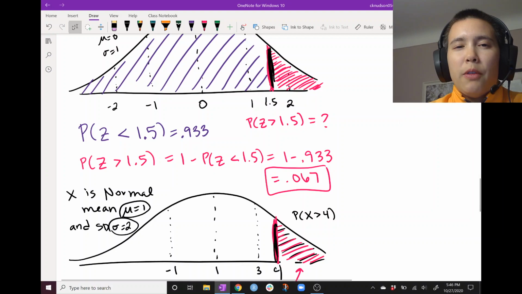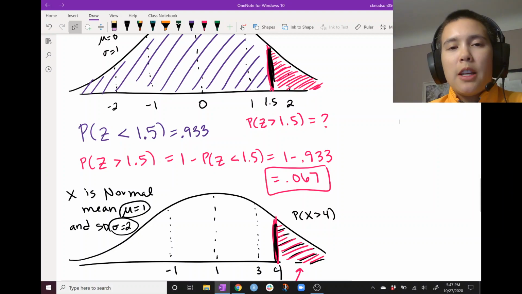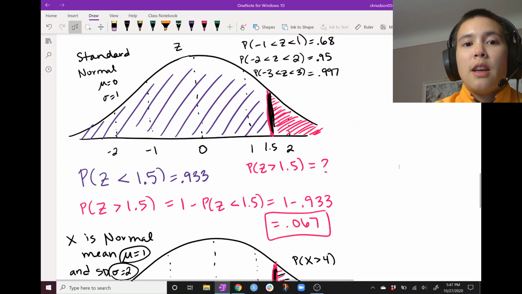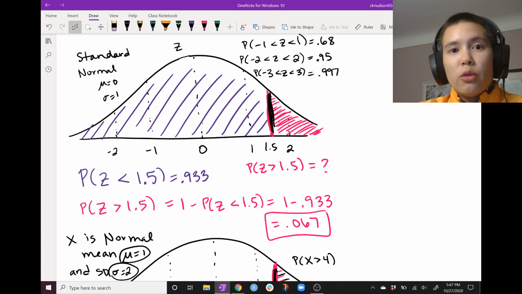So back before they had nice probability calculators for normal distributions, what they had to do was translate everything to a standard normal distribution.